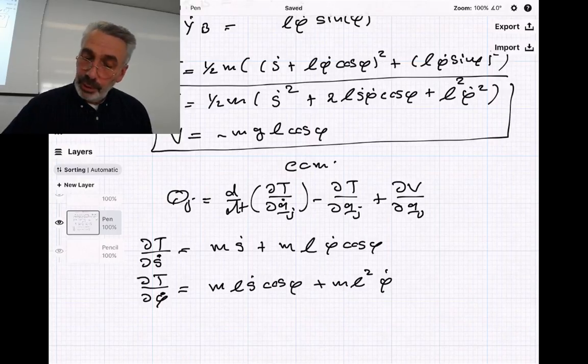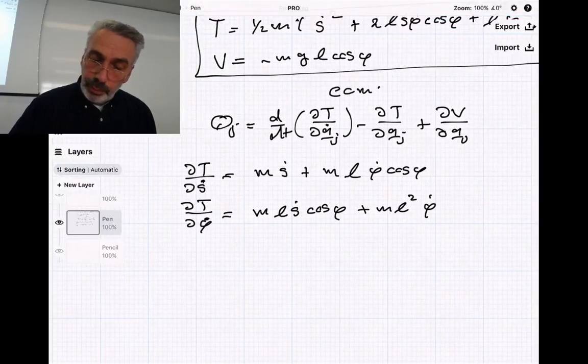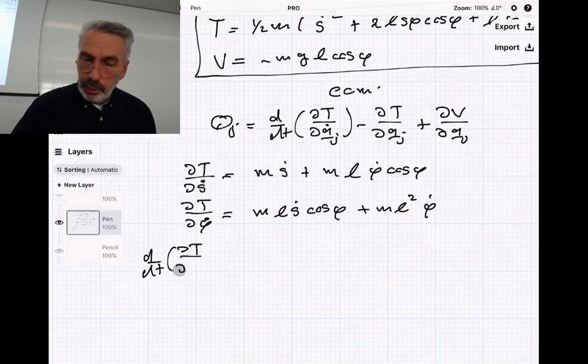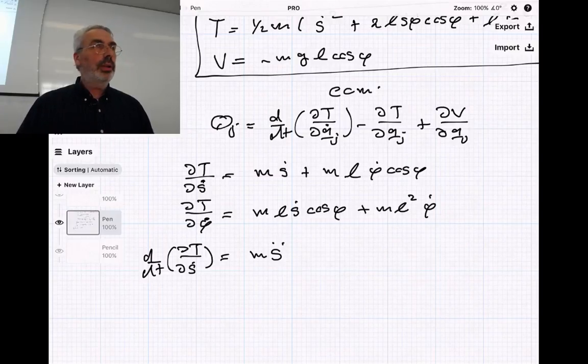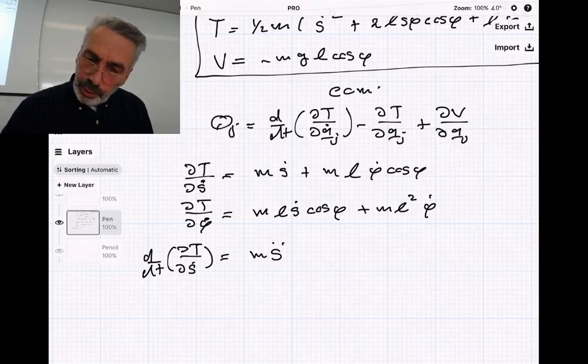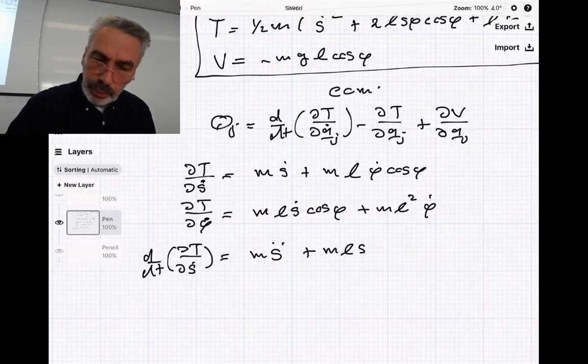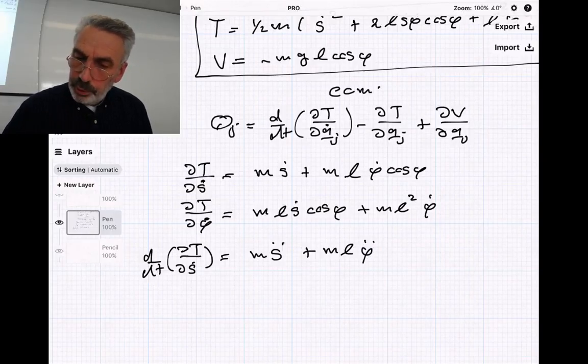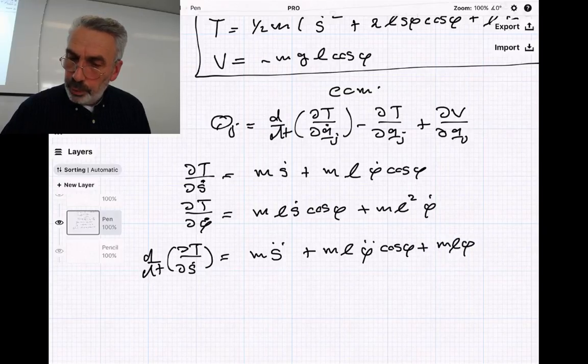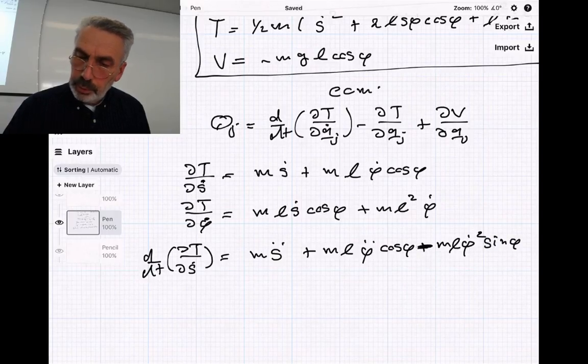Easy, eh? Easy peasy. Then the next step is, of course, that we have to take the time derivative of those quantities. That is m s double dot. Oh, I'm feeling good because it's mass times acceleration. Now, here I get more terms. m l phi double dot cosine phi plus m l phi dot squared sine phi, and it's a minus, by the way.